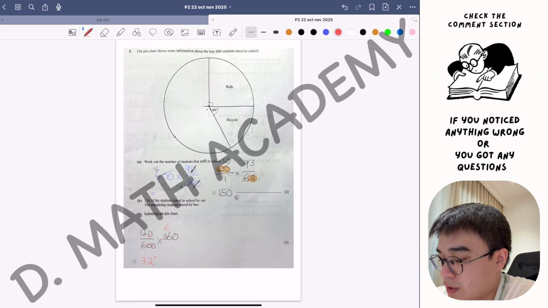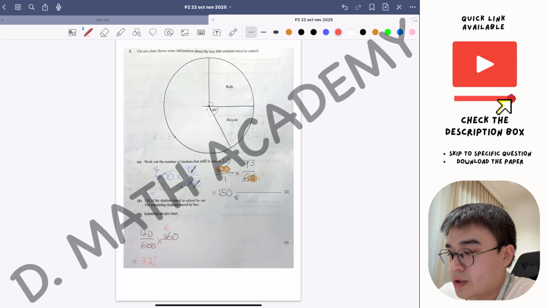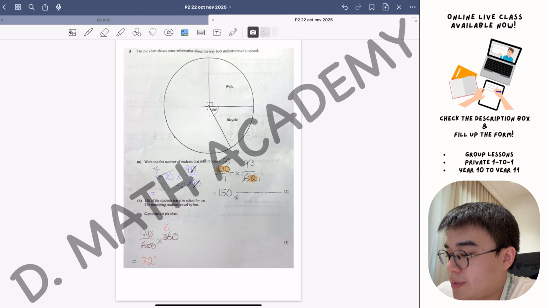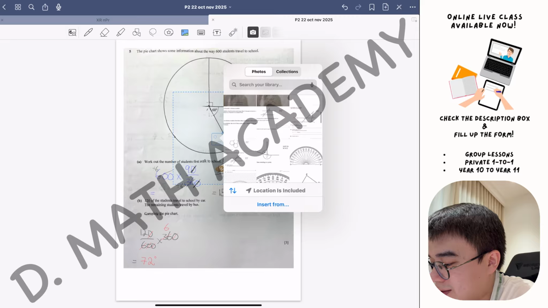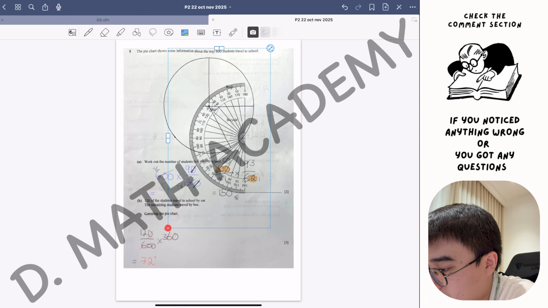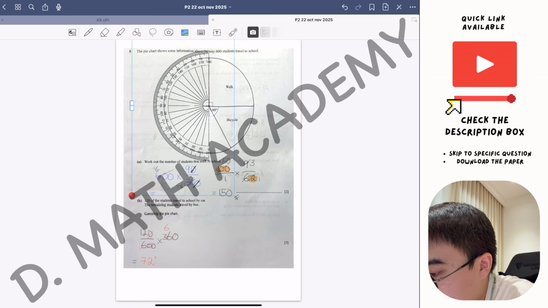Okay, 72 degrees. We sort of have a trouble here. Just as I was saying, just drag it over and place it right at the zeros.